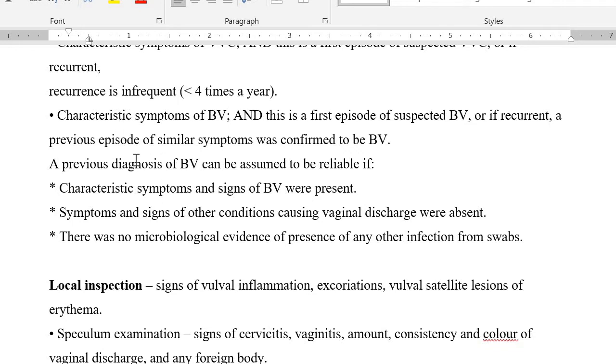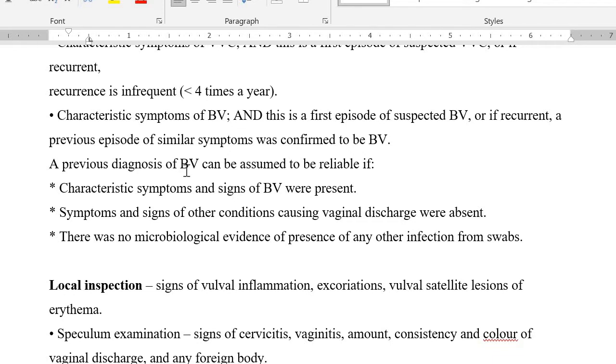Then there are characteristic symptoms of bacterial vaginosis. Is it the first episode of suspected BV, or if it is recurrent, when was the previous episode, and what was the outcome? Was it confirmed, did the patient have similar symptoms, receive treatment and respond to the treatment or not?